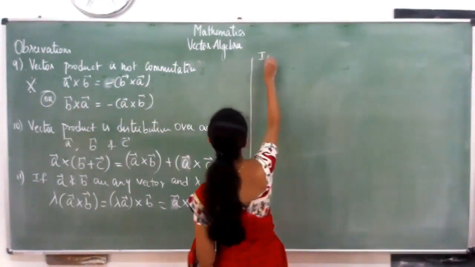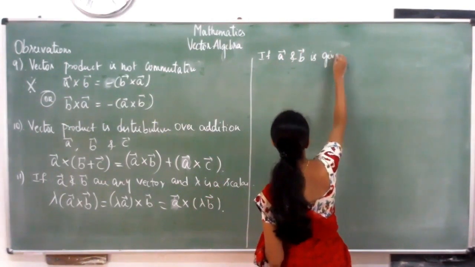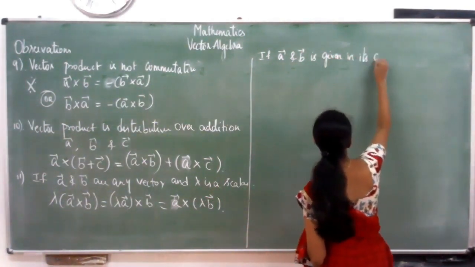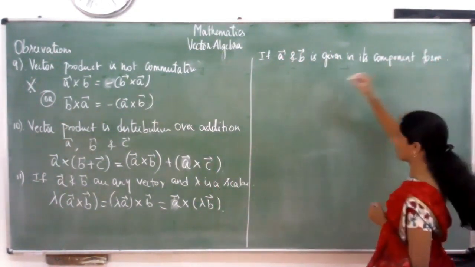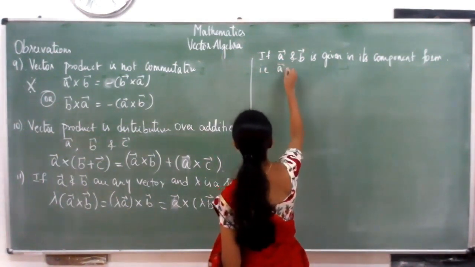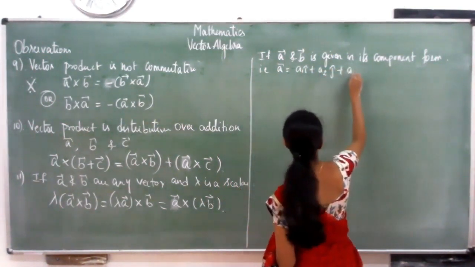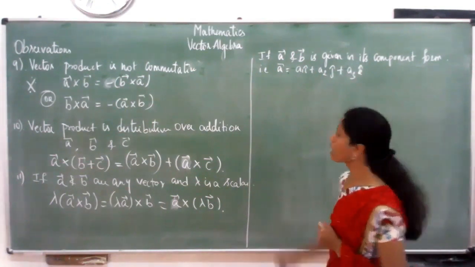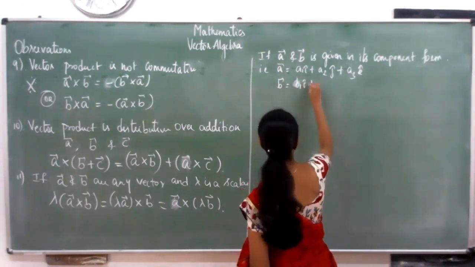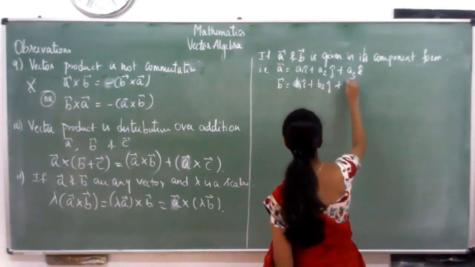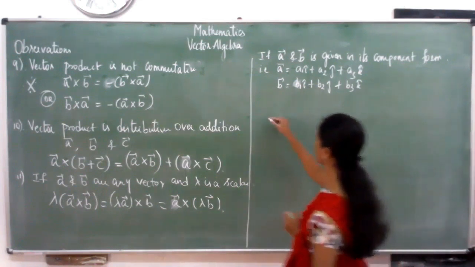So if vector A and vector B are given in component form, that is vector A is equal to A1 i cap plus A2 j cap plus A3 k cap, and vector B is equal to B1 i cap plus B2 j cap plus B3 k cap, then how to find the cross product?